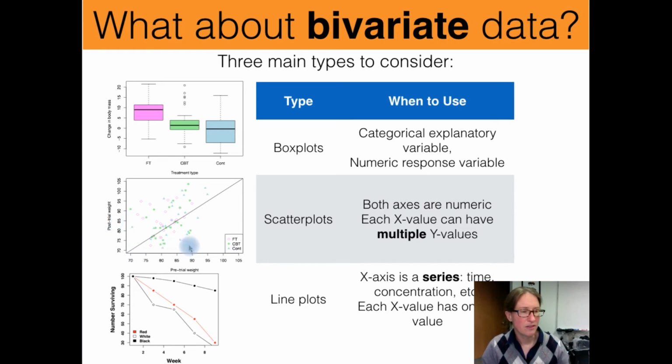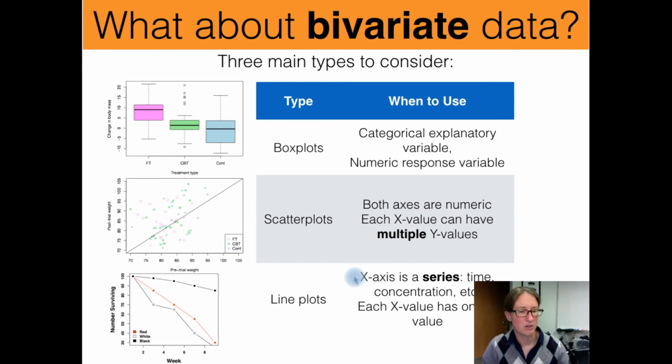And another thing to notice here is that with a scatter plot, it's possible to have at one particular x value multiple different y values, right? There's no kind of dependency between the x and the y. And that contrasts with the third type of plot shown here, a line plot, where a line plot is the most appropriate when the thing on the x-axis is some kind of series.